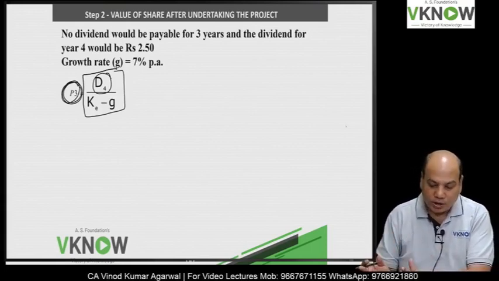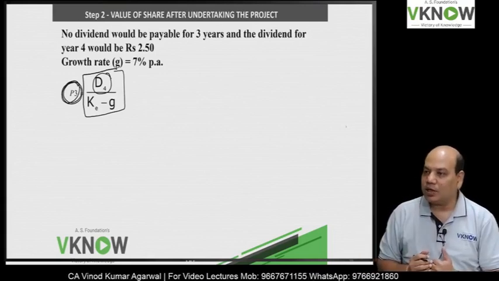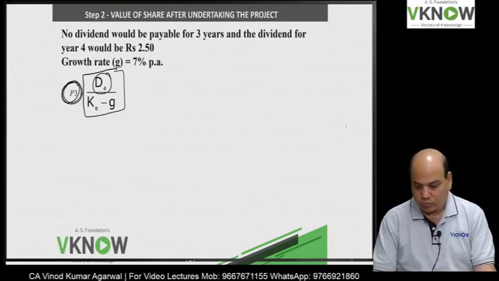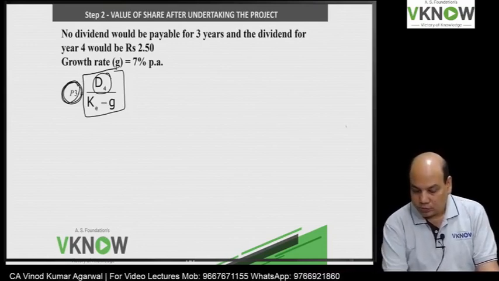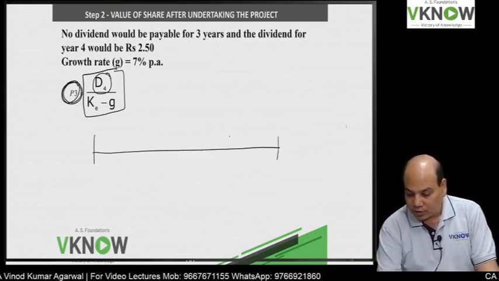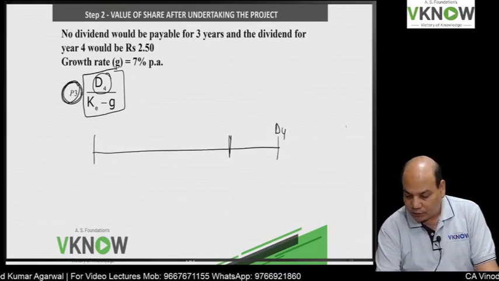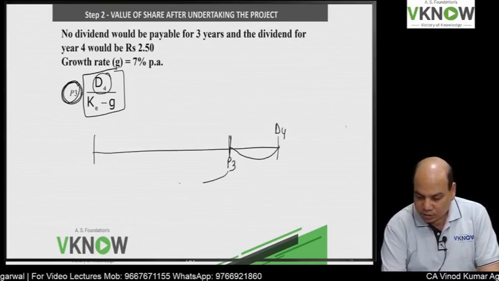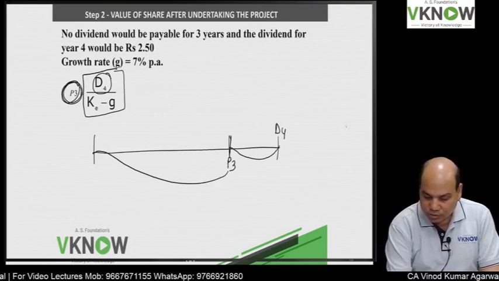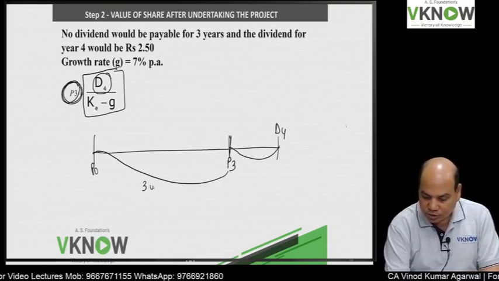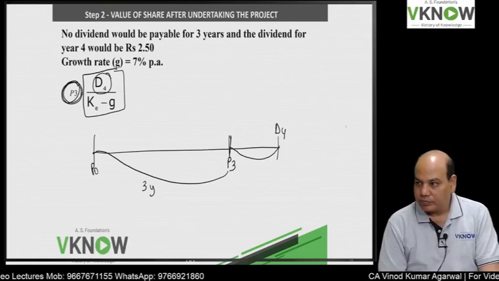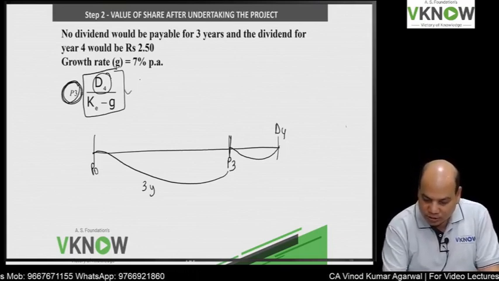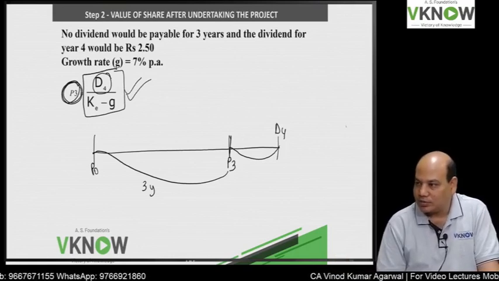First you will get P3, then from P3 we will get P0. See, if this is the timeline, this is D4. By applying the formula, you will get P3. Then you have to again discount it to get P0, by the 3-year factor. So 2 steps will be involved. Students again make a mistake. They take P3 only as a final answer.